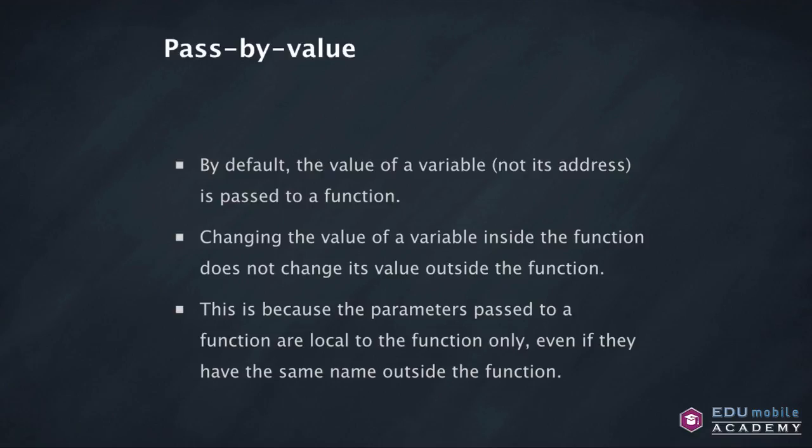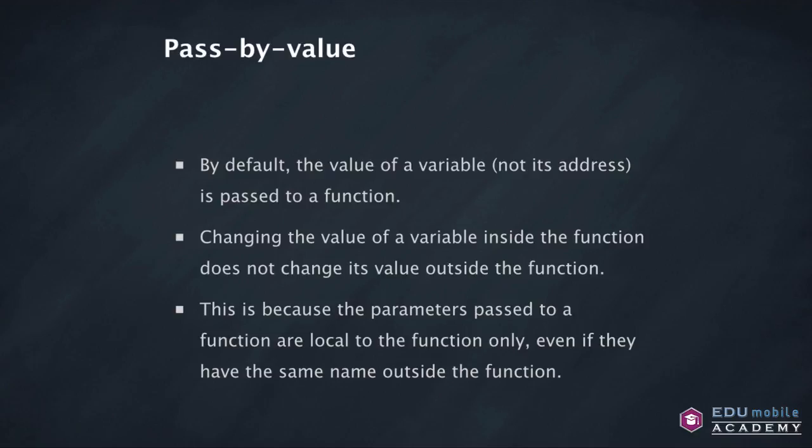So the value of the variable is passed instead of its actual variable, or instead of the address. This is called pass by value, and it is the default behavior of function parameters. Changing the value of a variable inside the function does not change its value outside the function, even if those two variables have the same name.